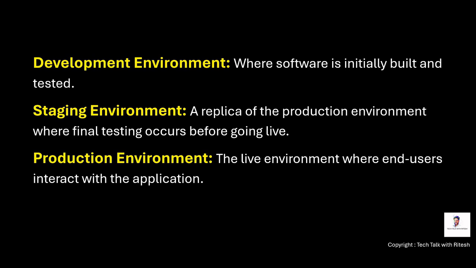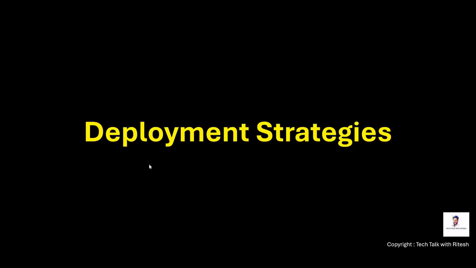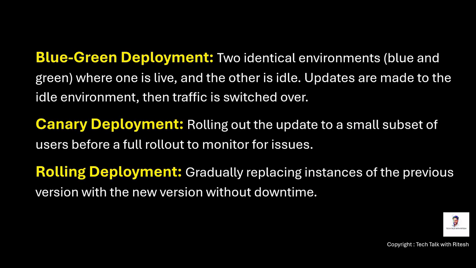So sometimes we have different development environments, then QA environment, then staging environment, production environment. So it's actually based on the requirement, what kind of project we have, so we can increase the environments if needed. Let's understand deployment strategies.